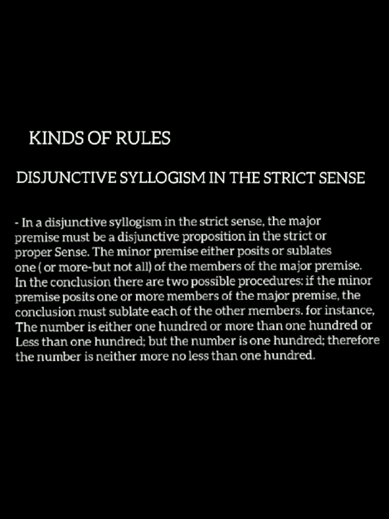If the minor premise posits one or more members of the major premise, the conclusion must sublate each of the other members. For instance, the number is either 100 or more than 100 or less than 100, but the number is 100. Therefore, the number is neither more nor less than 100.